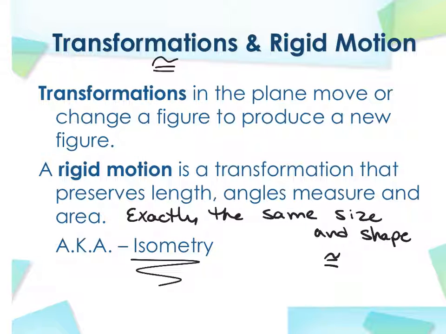Now, the types of transformations we're going to talk about, we're going to be sliding them. So a slide, it could be a flip, or it could be a turn. And we're going to see official words for these on the next slide.